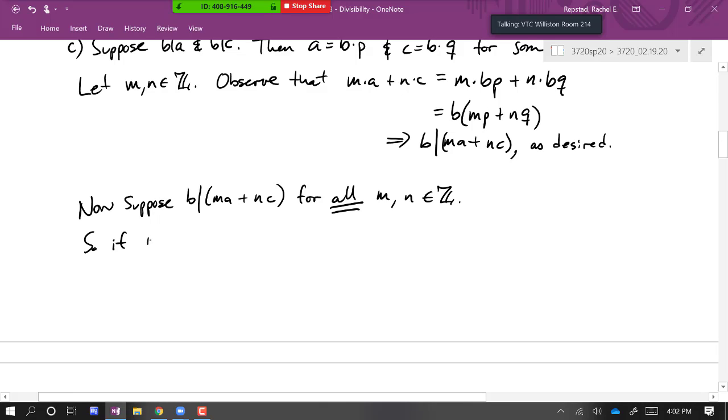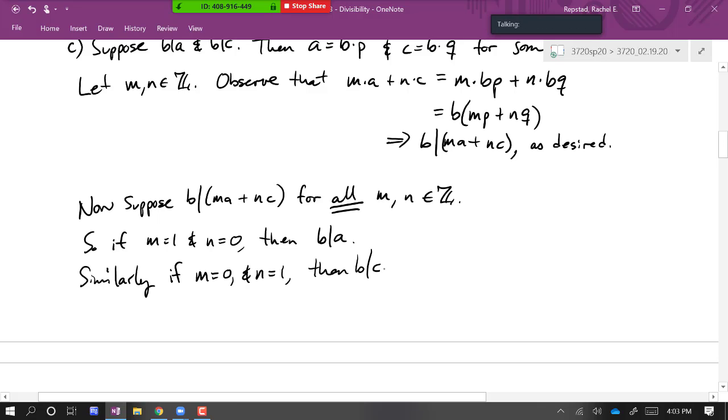If M is equal to 1 and N is equal to 0, then that gets us B divides A. Similarly, if M is 0 and N is 1, then B divides C, as desired.